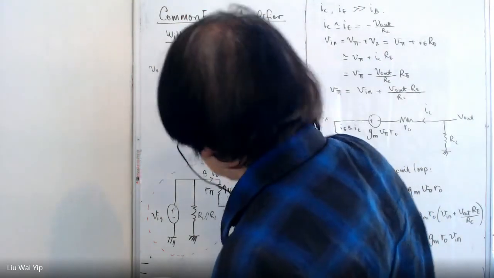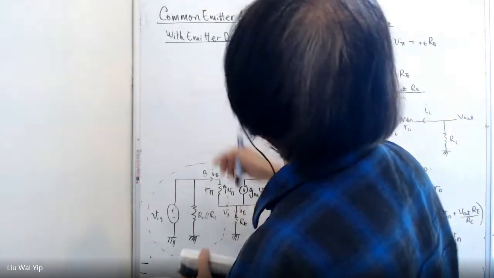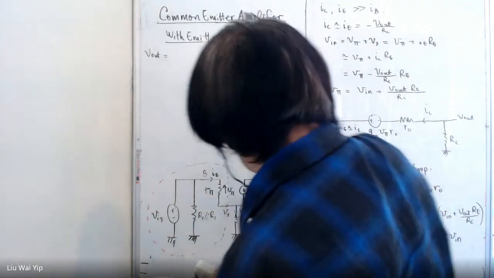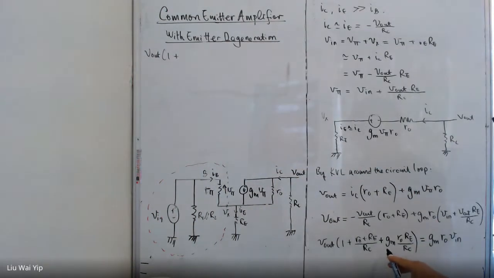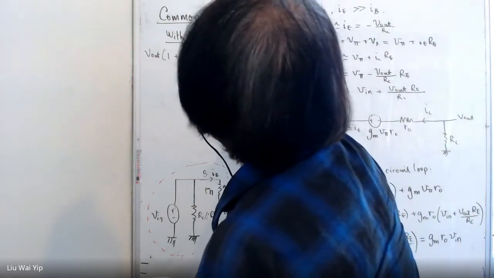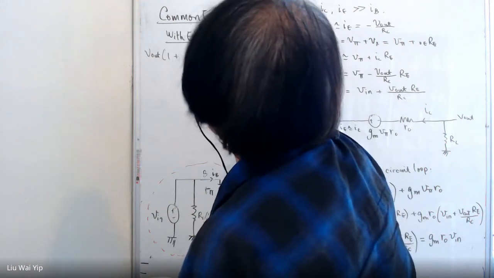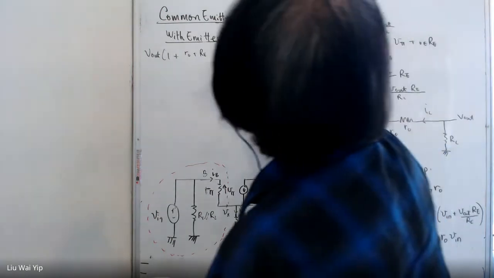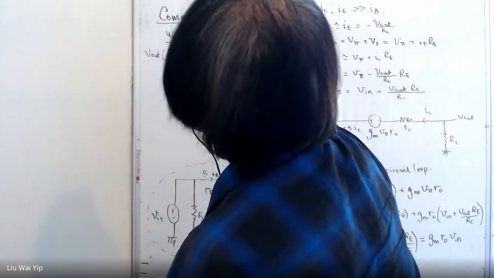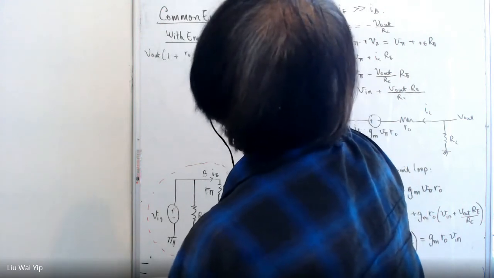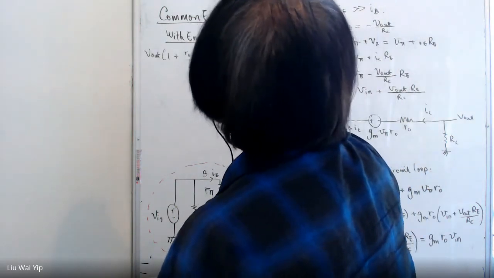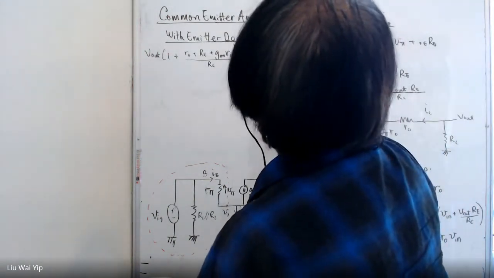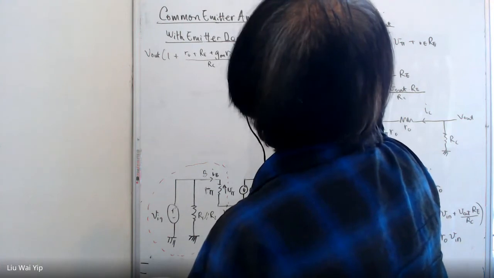We know, in this case, it is times 1, and we are going to do this: r0 plus RE, and plus gm r0 RE divided by RC. And the right side is gm r0 V in.